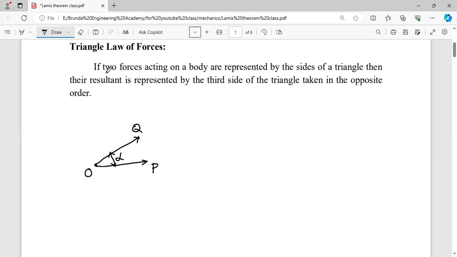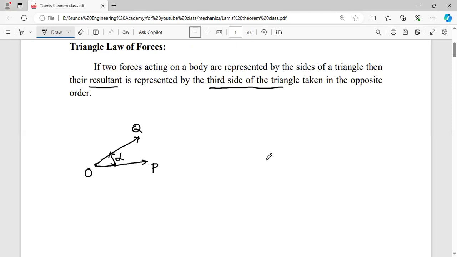Now the statement: if two forces acting on a body are represented by the sides of a triangle, let us assume this can be formed by the sides of the triangle, then their resultant is represented by the third side of the triangle.